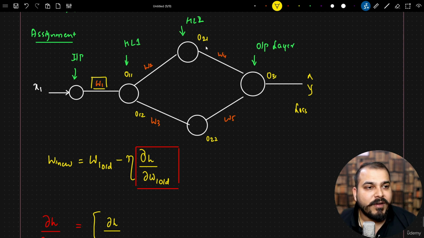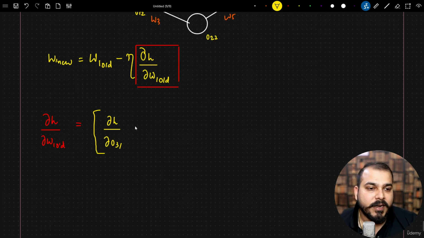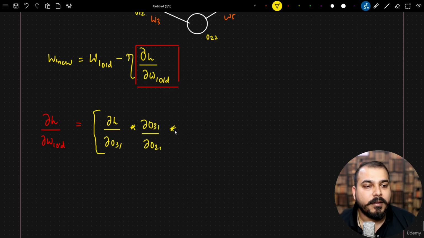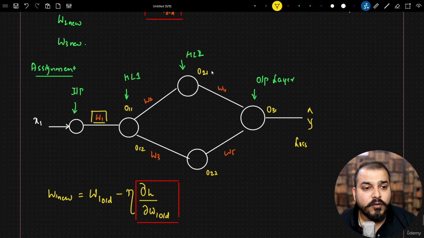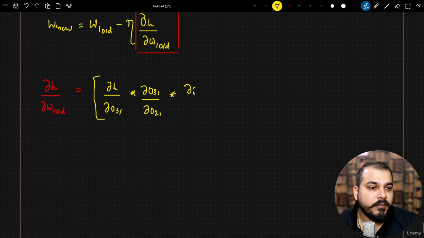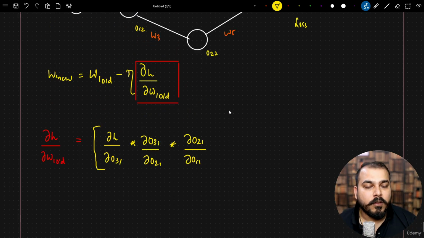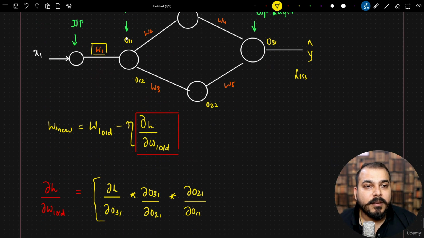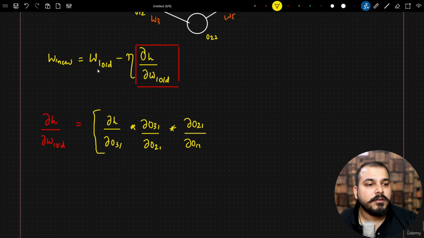Okay. So O31 is dependent on O21. So here I will write multiplied by derivative of O31 divided by derivative of O21, multiplied by derivative of O21 divided by derivative of O11. And then finally you will be able to see derivative of O11 will be dependent on W1 old, right?